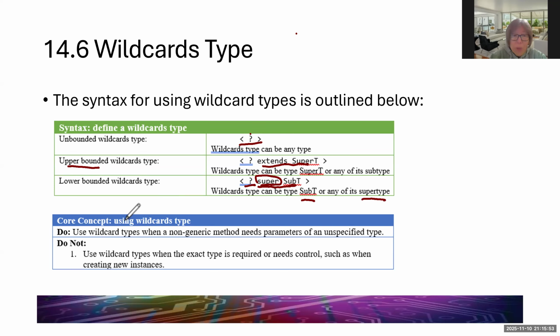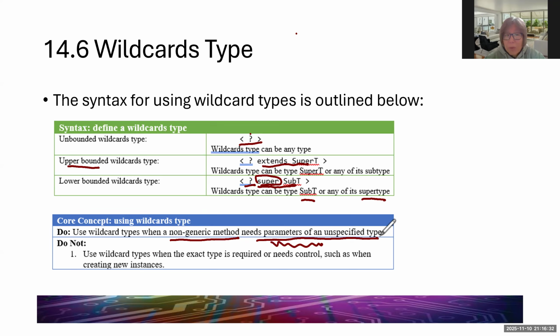So when do we use wildcards then? It cannot be used to declare a class, interface, or method for generics. So we use a wildcard type with a non-generic method, but where we need a parameter of unspecified type. It's non-generic, but we need the parameter to be more flexible.